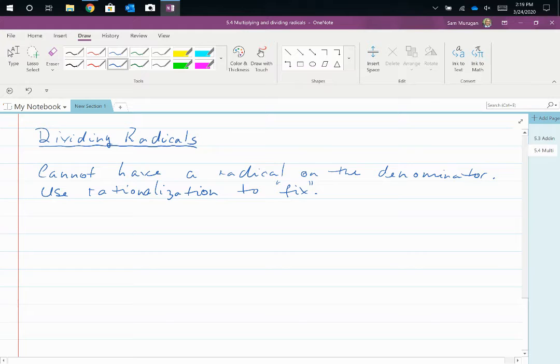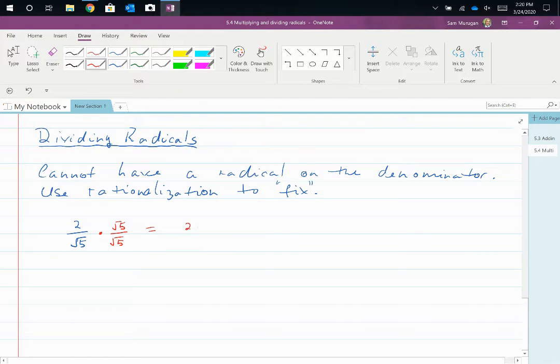The way this works is that if we have, say, 2 over the square root of 5, to rationalize this, we look at the square root of 5 and we multiply both numerator and denominator by the square root of 5.